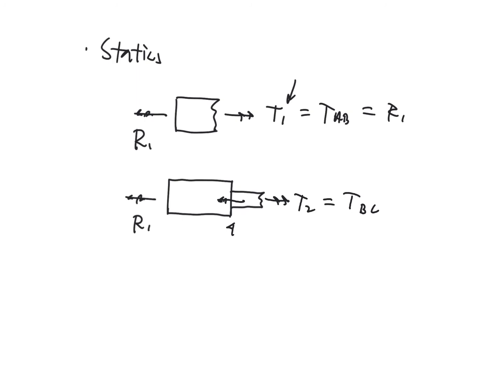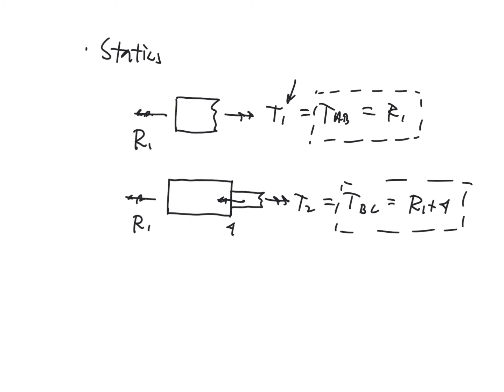So for the torque in BC, we just add the ones to the left, so that's going to be R1 plus 4. Notice the torque in segment 1, or AB, is just R1. The second torque, torque 2, is R1 plus 4. They're both in terms of R1.